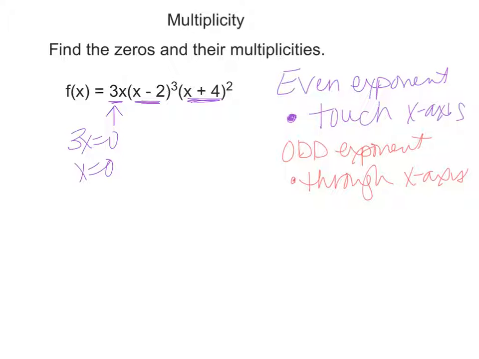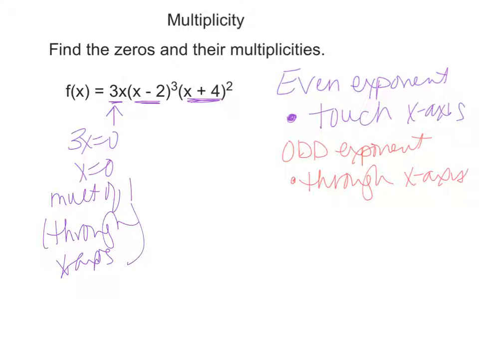So at 0, we have a multiplicity of 1, and this goes through that x-axis. That's just something that I want you to know and think about, because that's going to help us whenever we graph polynomials.